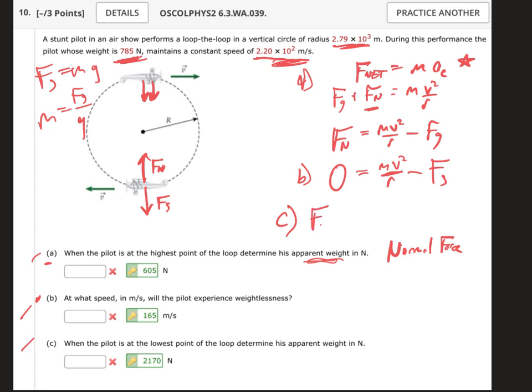So Fn is towards the middle and Fg is in the opposite direction, so it's going to be Fn minus Fg equals mv squared over r. And we're given the velocity, we're given Fg, we're given m. We just have to solve for the normal force. So Fn is going to equal mv squared over r plus Fg.